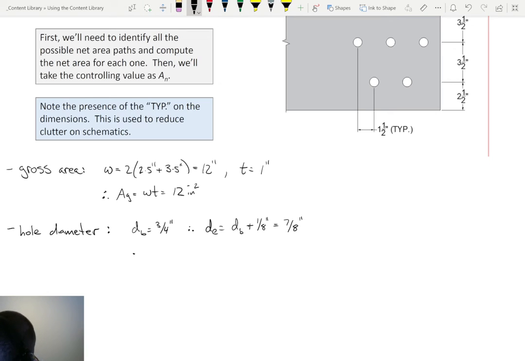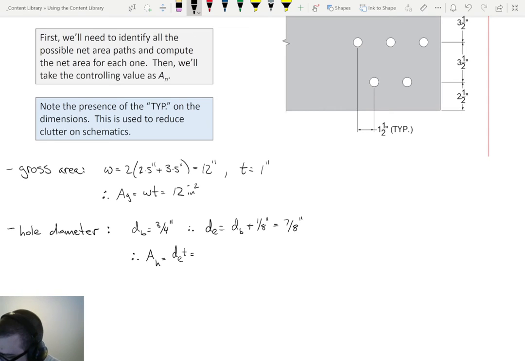Okay, now one thing I'm going to go ahead and do right now is compute the area of the hole, which in this case is the diameter of the hole times the thickness. I'm not sure if I did that for lecture 4, because I'm recording this video before I do lecture 4 in class. Sometimes I'll compute the hole area first, sometimes I'll just do it all at once. Usually I compute the hole area whenever I have a staggered connection, so let's go ahead and do that now.